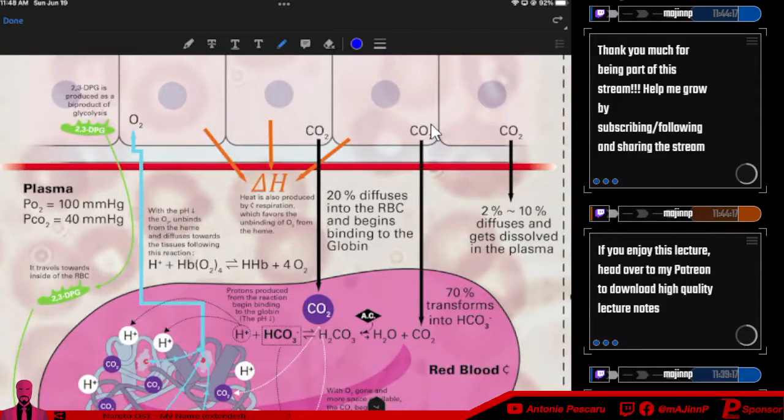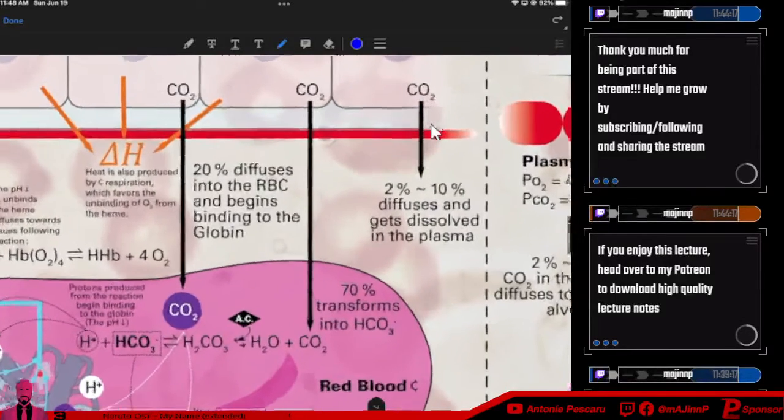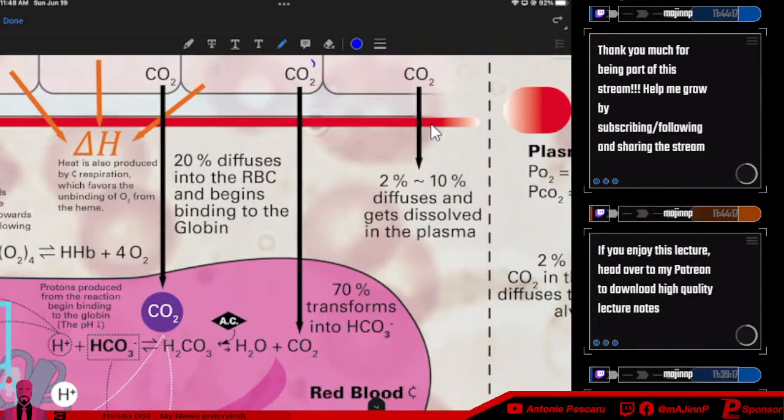Again, by the diffusion laws of pressure, the CO2 goes inside of the capillaries. Now, the second part is the 70% that needs to go inside of the red blood cell and get transformed back into its bicarbonate form.